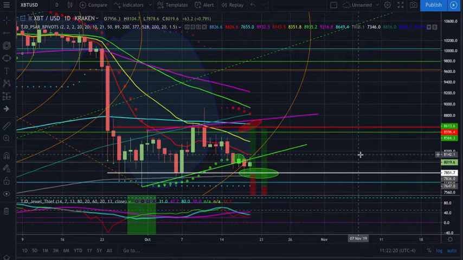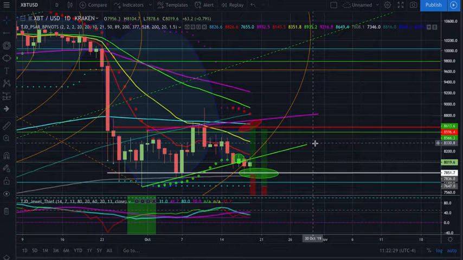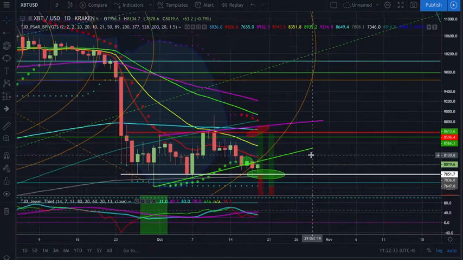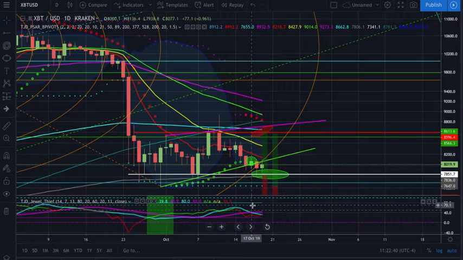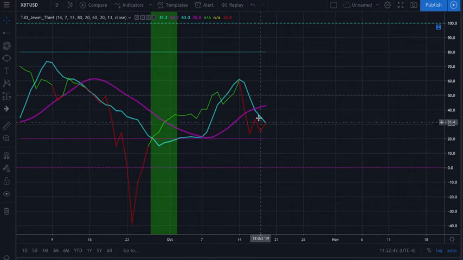So until we can get a close at least above 8150 again, above the 10, we could potentially get that move up to the 8330. I'm not particularly bullish on this situation. We'll see how it plays out, obviously, but we did get the blue crossing below the purple here.